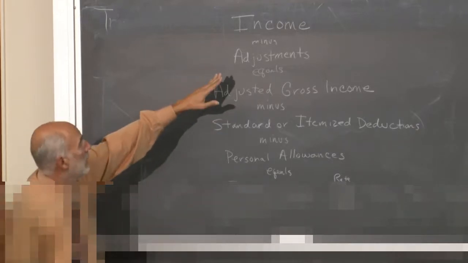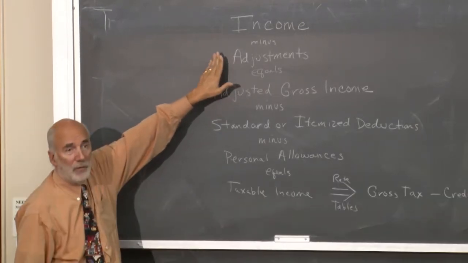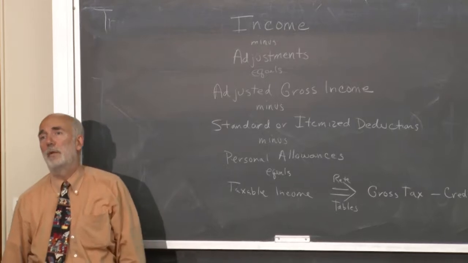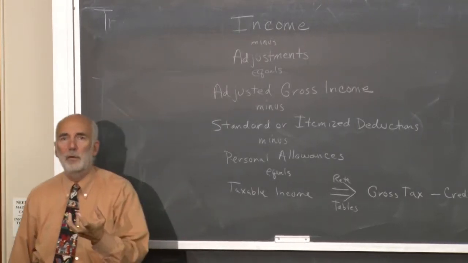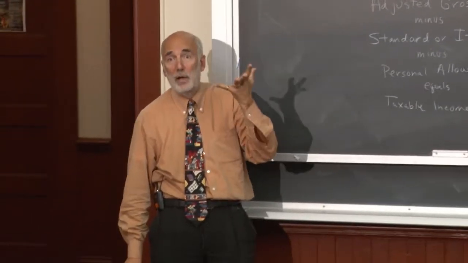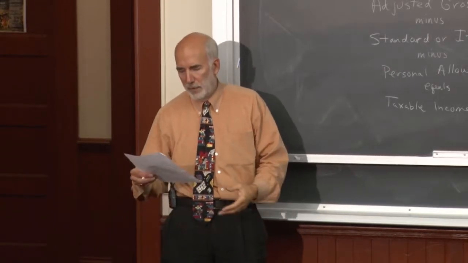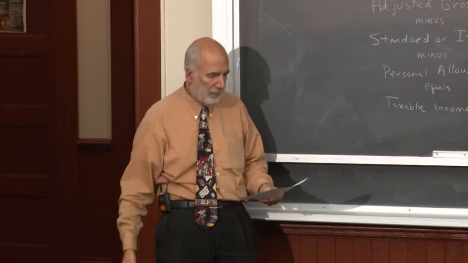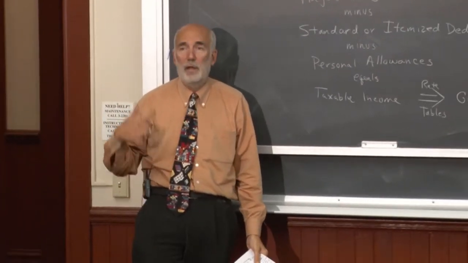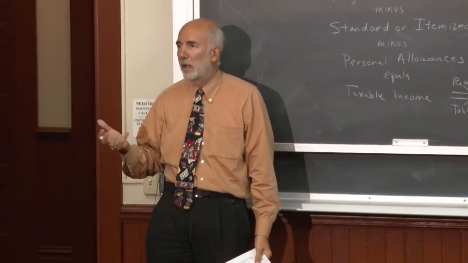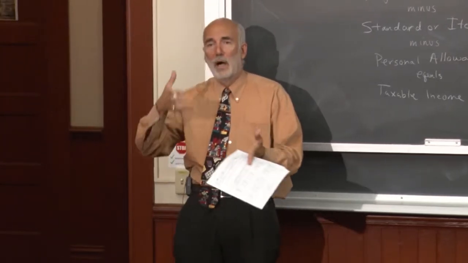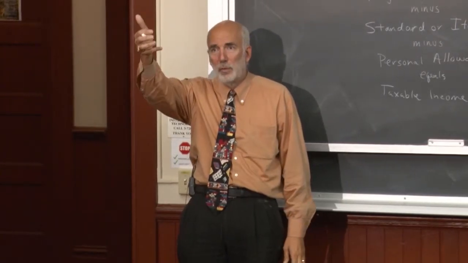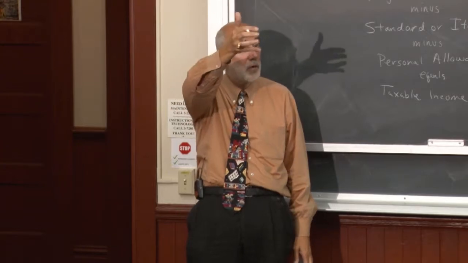Start with income. Then from there, we get to deduct certain things that are called adjustments to income. In this category, we have retirement plan contributions. We have student loan interest, if you qualify. We have contributions to health savings accounts. These accounts are coupled with what are called high deductible medical plans that maybe some of your employers might offer to you.